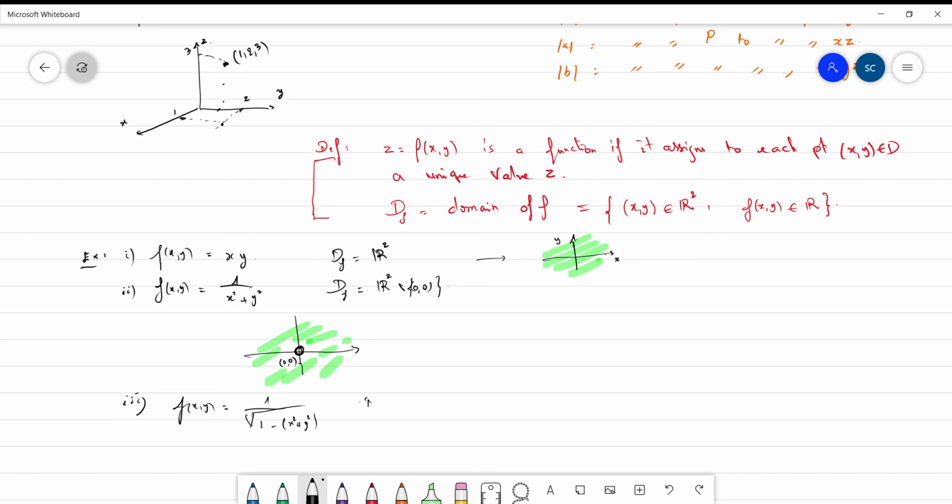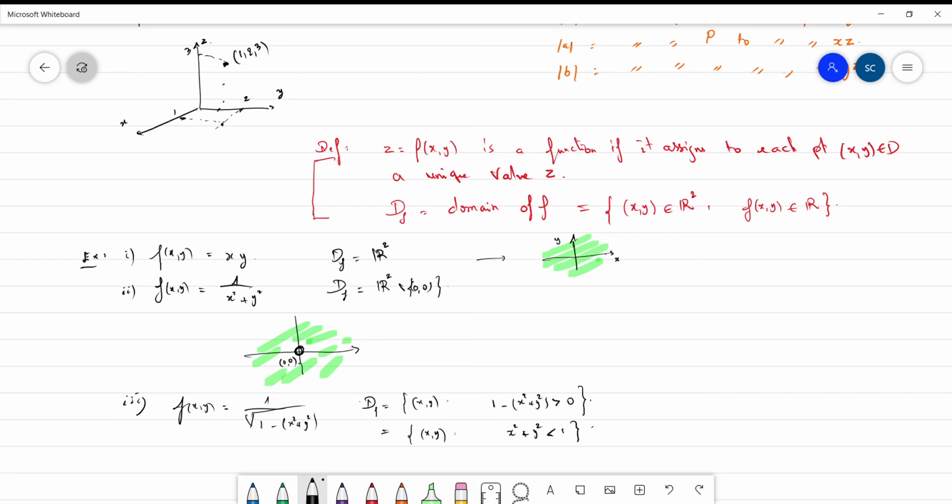The domain will be the set of all points where this quantity, 1 − x² − y², is positive and different from 0, so strictly positive. So we need a strict inequality, and this set is the set of all points in the plane that satisfy x² + y² < 1.